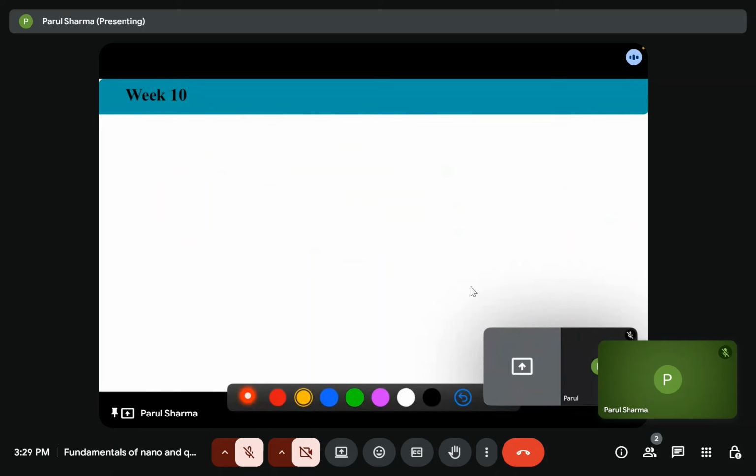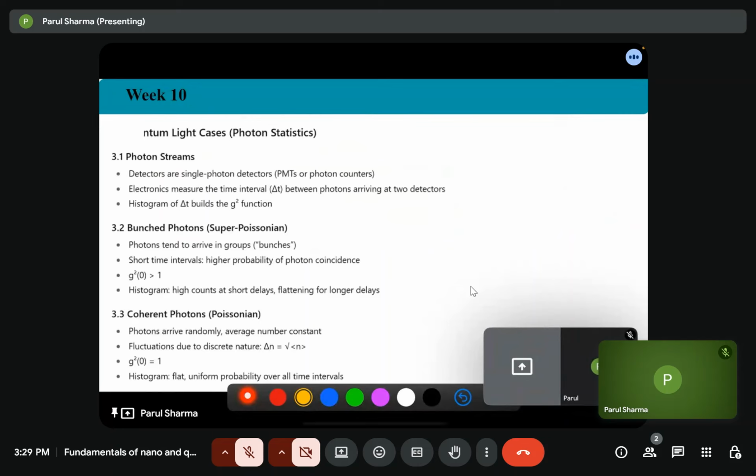So we talked about the quantum light, where we were considering cases when the photon statistics, and in the model we modified the interferometer, that is, the beam splitter was placed there.